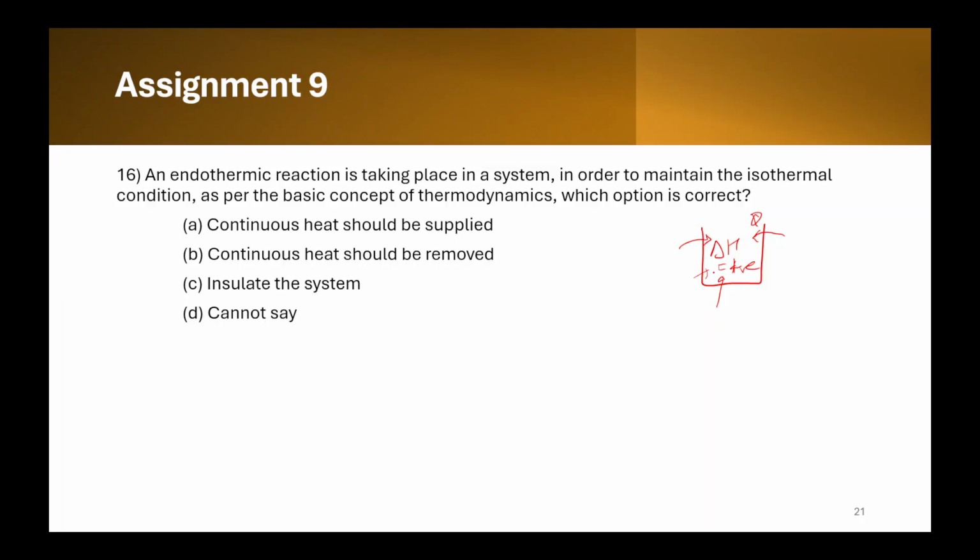So continuously you need to supply the heat to keep the conditions isothermal, because in an endothermic reaction, as it is taking in heat, the system becomes cooler. So if it becomes cooler, it is away from whatever the supposed desired temperature should be. So you need to continuously supply heat to keep the isothermal conditions.